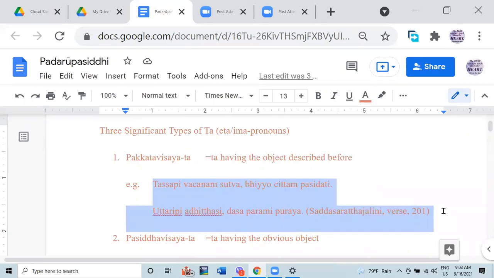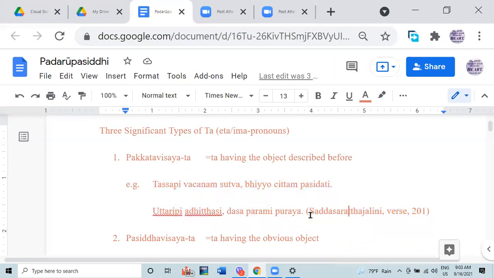Okay, paganda visaya. So the example is tasabi paronsata sarata jalini. This is like a minor grammar book, sarata jalini. This is Myanmar work from the ancient Pagan period.